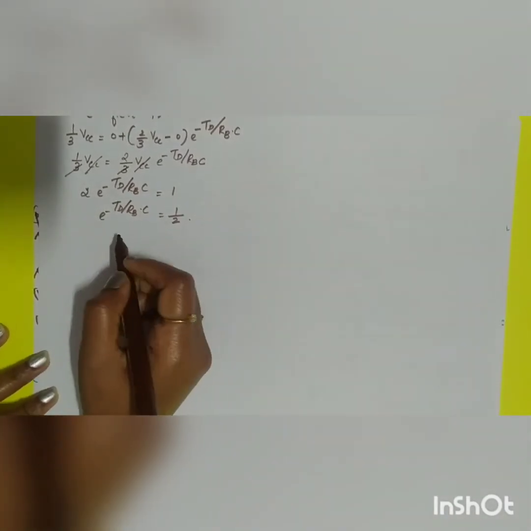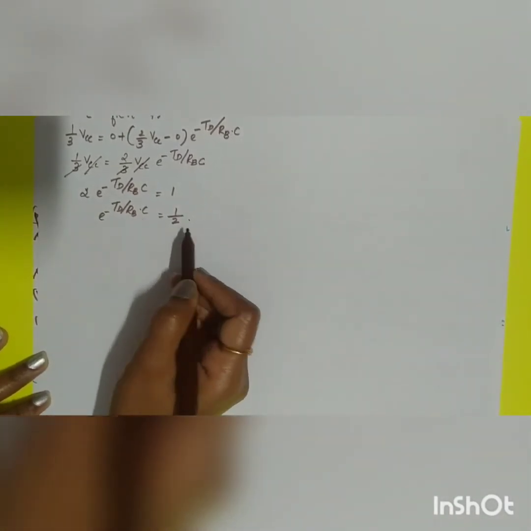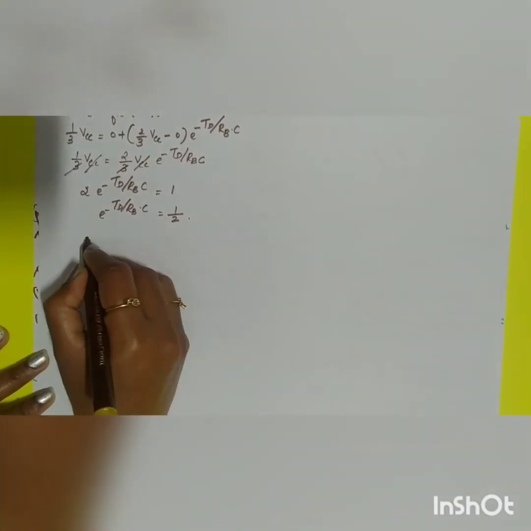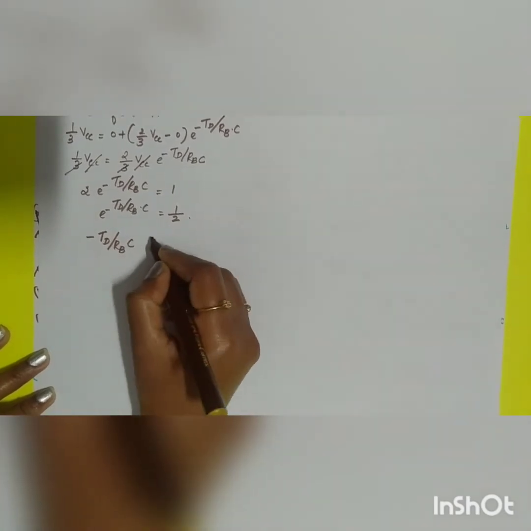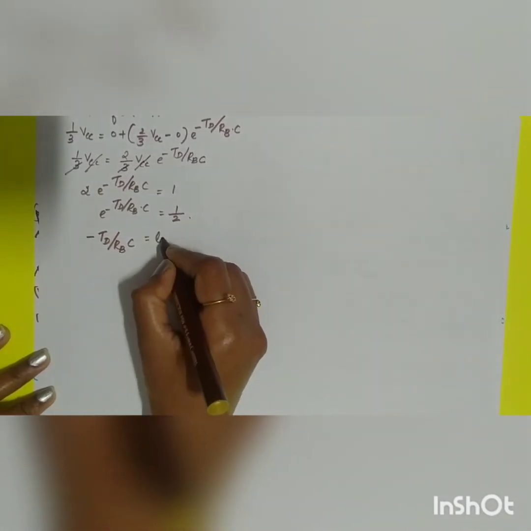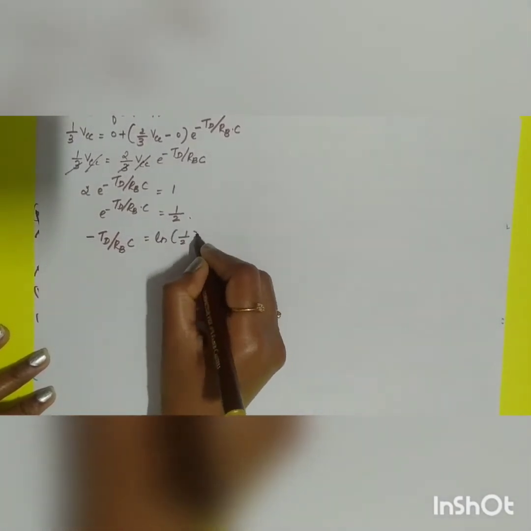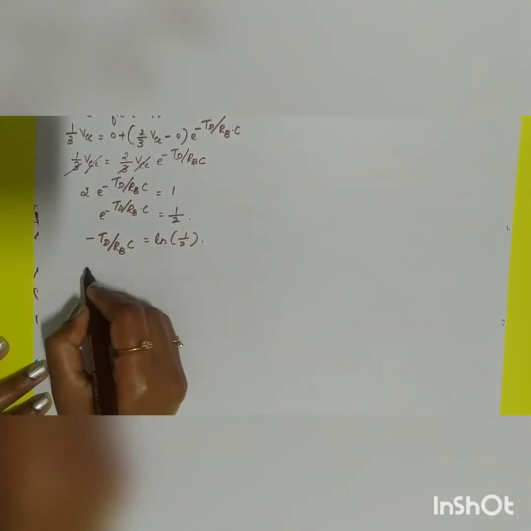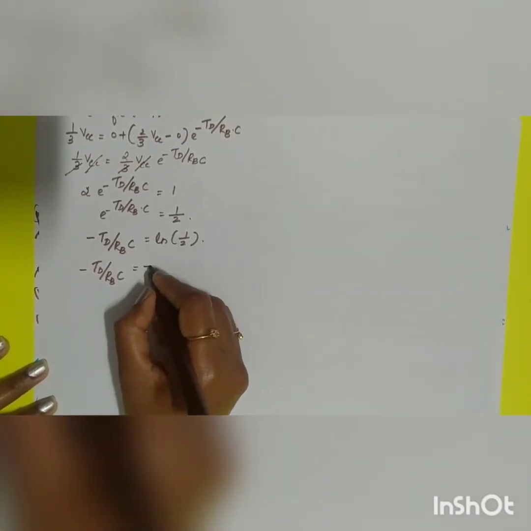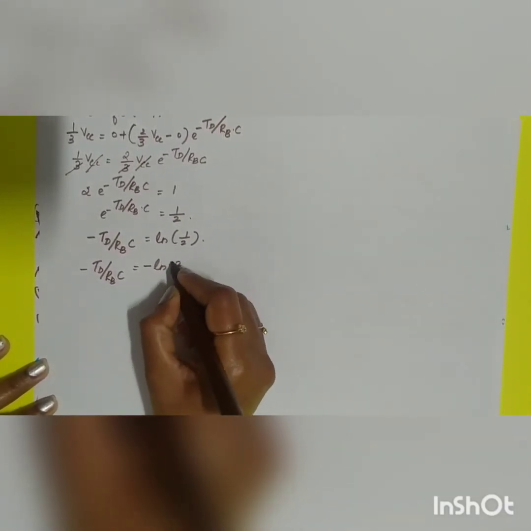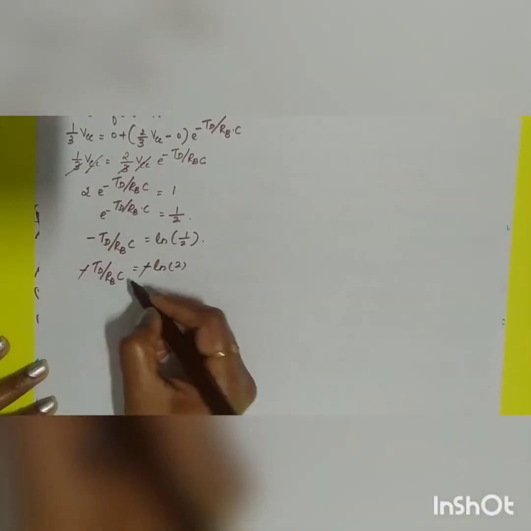So it is looking like e power k is equal to C, right? So k will be equal to ln C. Here minus Td divided by Rb into C is equal to ln 1 by 2. By the log reciprocal theorem, you can write ln 1 by 2 as minus ln 2, right? Now minus minus gets cancelled.